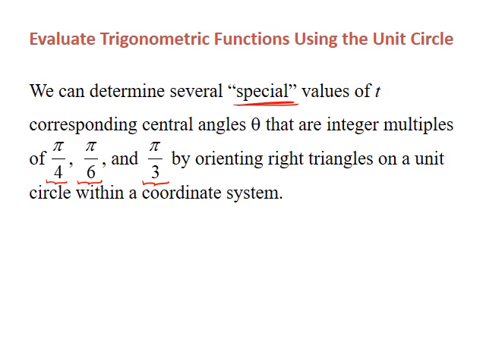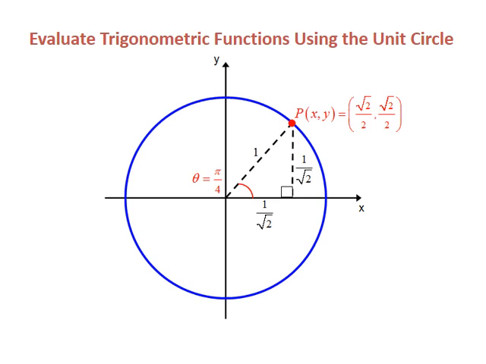And here's basically what I mean. Here you can see that if this angle is pi/4, I want you to know that pi/4 is equivalent to 45 degrees. You can make that conversion by taking pi/4 times 180/pi from the previous lesson, and you will find that this is 45 degrees.